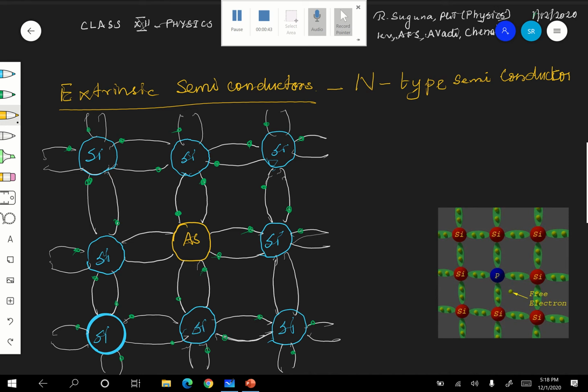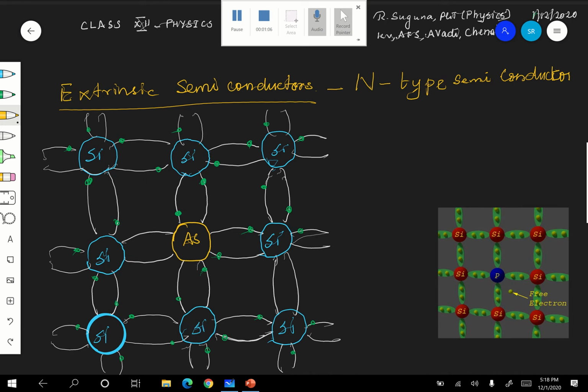We make the semiconductor impure by adding specific impurities, like pentavalent or trivalent impurities, to the tetravalent intrinsic semiconductor, that is, silicon, germanium, or whatever it is.